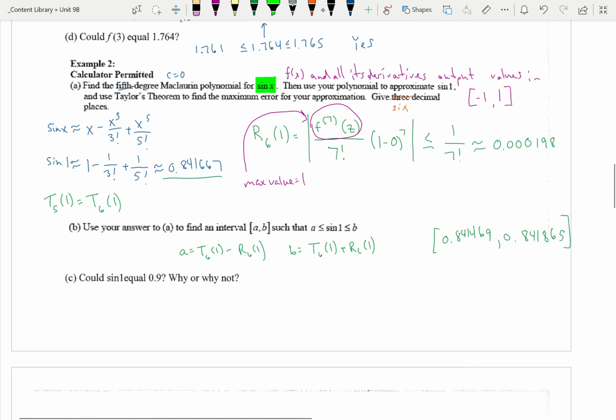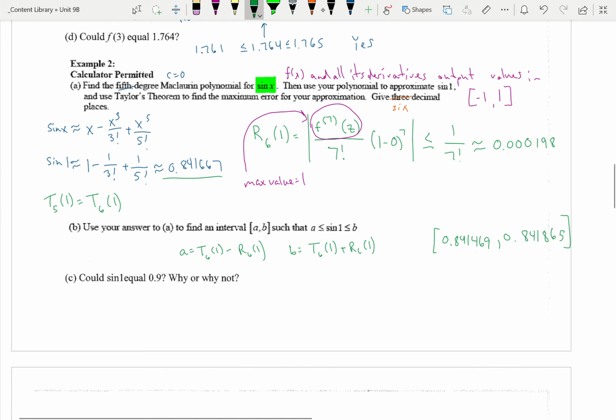Let's make that a little bit more legible, maybe. It's always good to be able to read what you've written. 0.84149. All right. So those two numbers are really, really close to each other. So let's take a look. Could sine of 1 equal 0.9?